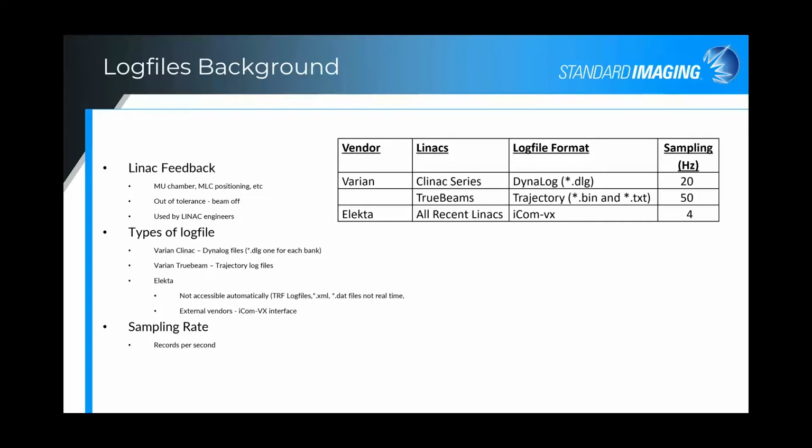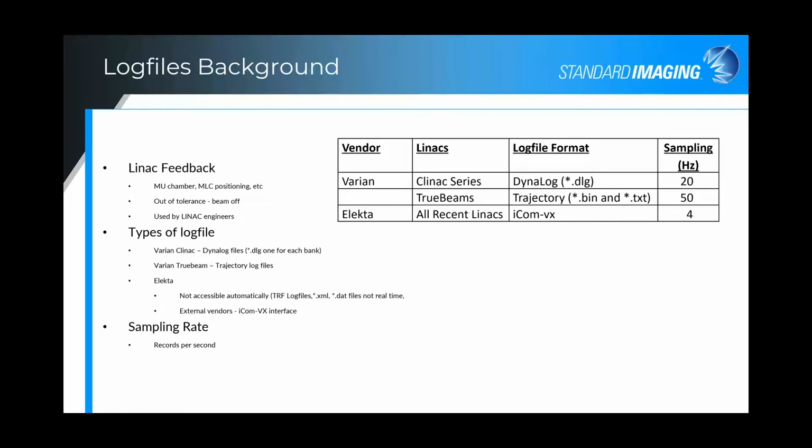And these are actually measured parameters by which the Linac operates. And when a parameter, for whatever reason, exceeds tolerances as designed, beam off would occur. And there's a feedback mechanism going on throughout as the plan is delivered.